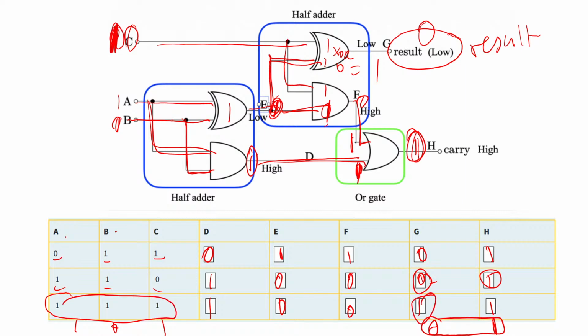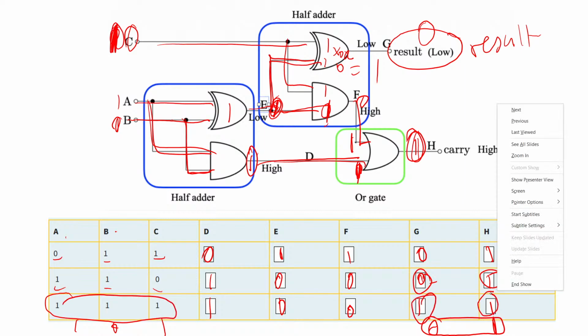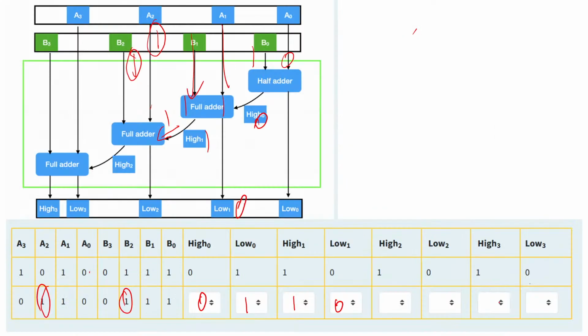We should have 1 as our result and 1 as our carry. So it's just 1 here, 1 here. Next one, we have B3 and A3.